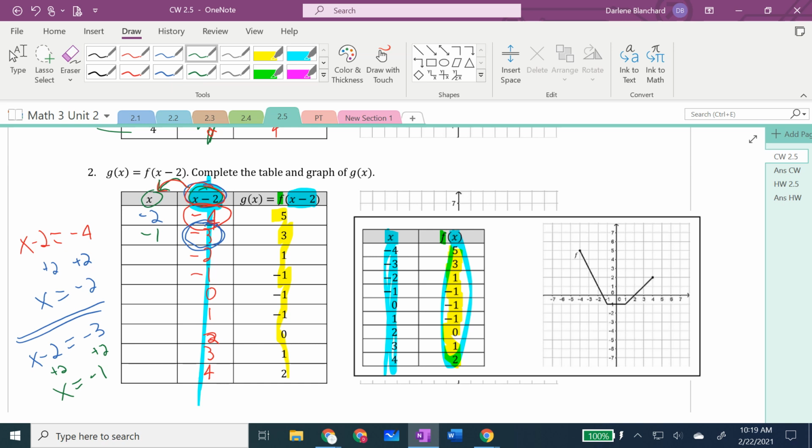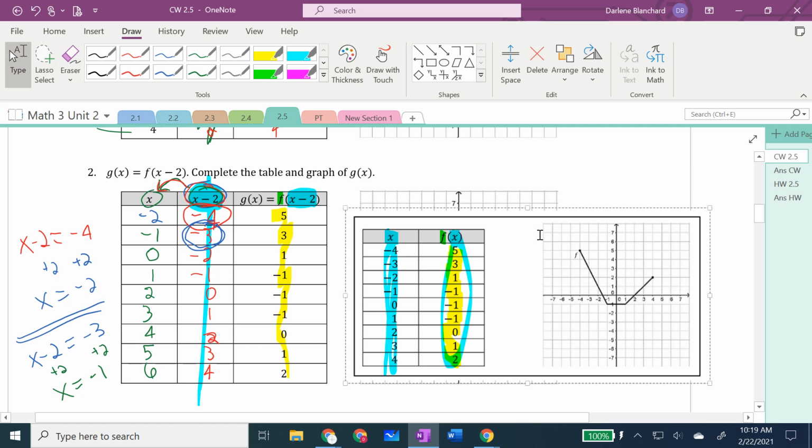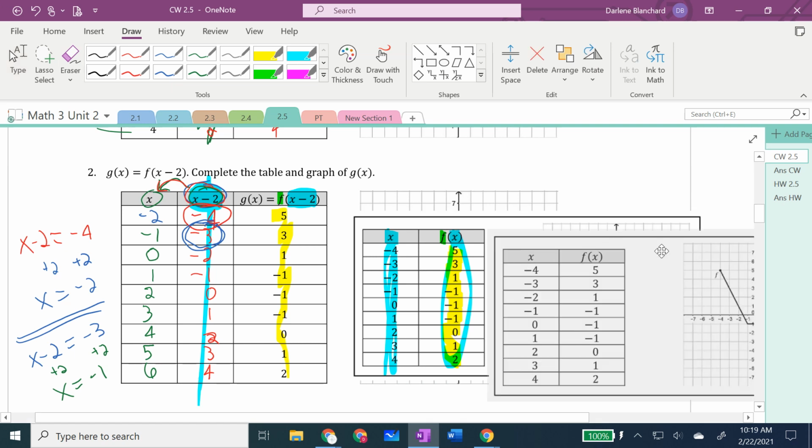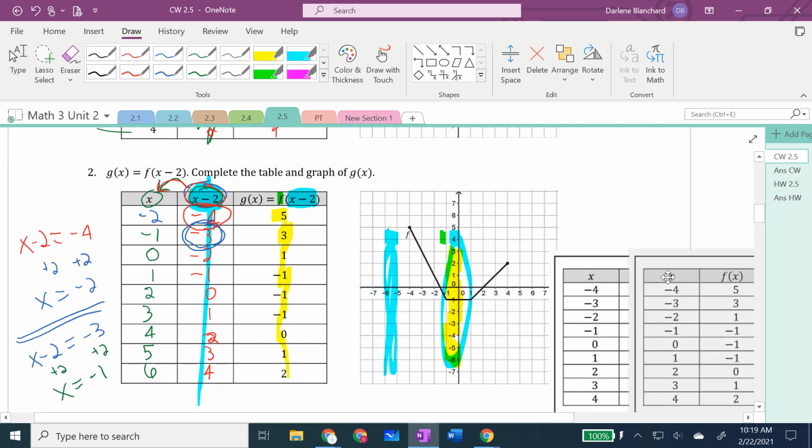Does everyone see that what I'm doing is I'm adding 2? So negative 2 plus 2, negative 1 plus 2, 0 plus 2, 1 plus 2, 2 plus 2, 3 plus 2, 4 plus 2. Now I'm going to take this and I'm going to move it out of the way.